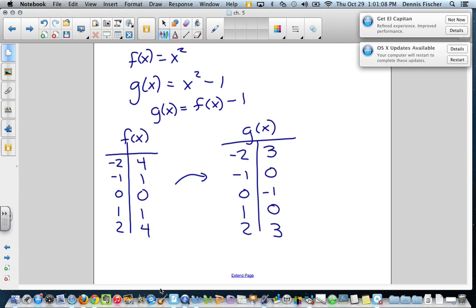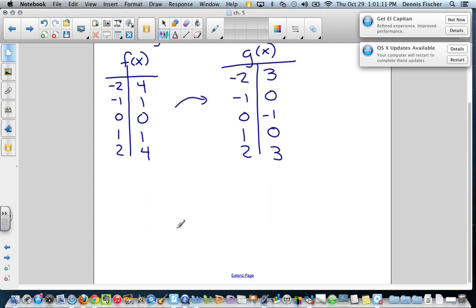The other thing I want to mention, as a little review: if I have an equation, a times f of bx plus c, plus d, that's kind of what we have. B and C are inside the parentheses. If it's inside the parentheses, it affects the x, and it's always the opposite.